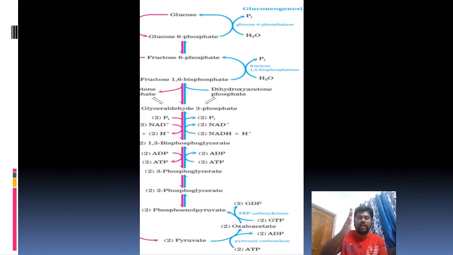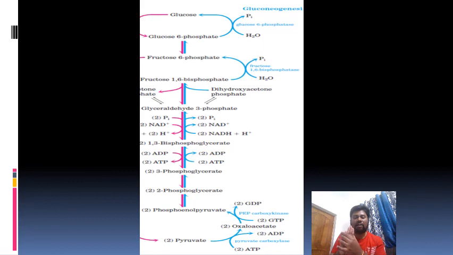Normally, gluconeogenesis is the synthesis of glucose from non-carbohydrate substrates like lactate, glucogenic amino acids, odd chain fatty acids, and glycerol. All these sources are first converted to glycolytic intermediates. Lactate will form pyruvate; glucogenic amino acids, few will form pyruvate and few will form phosphoenol pyruvate; odd chain fatty acids will form phosphoenol pyruvate; and glycerol will form dihydroxyacetone phosphate.